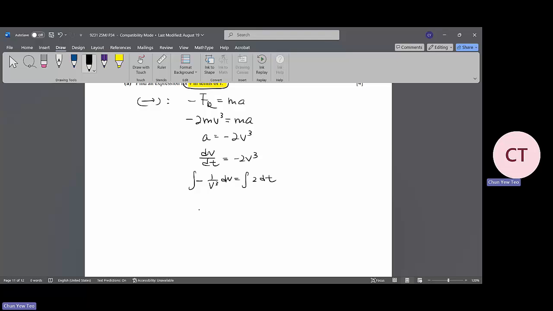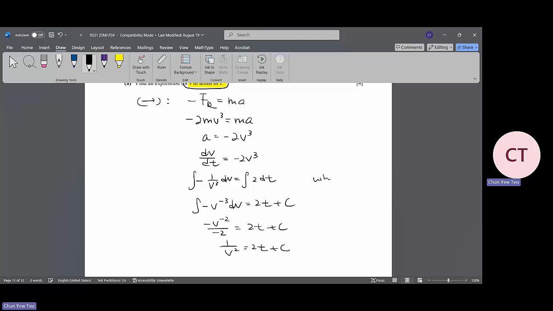So integrate this, you will get integrate negative v to the power of negative 3 dv equal to 2t plus c. So you get negative v to the power negative 2 over negative 2. Then you will get 1 over v squared is equal to 2t plus c.